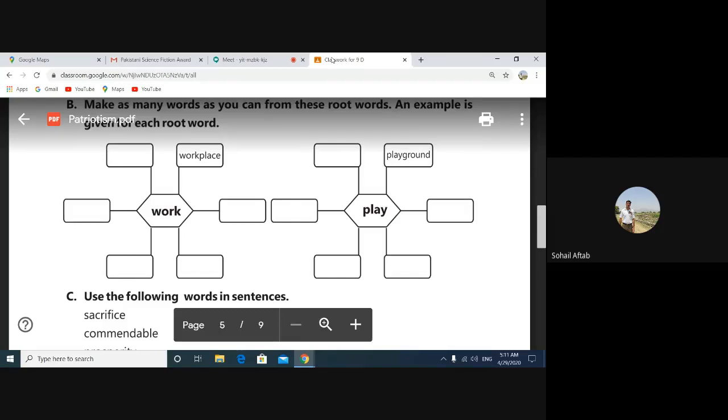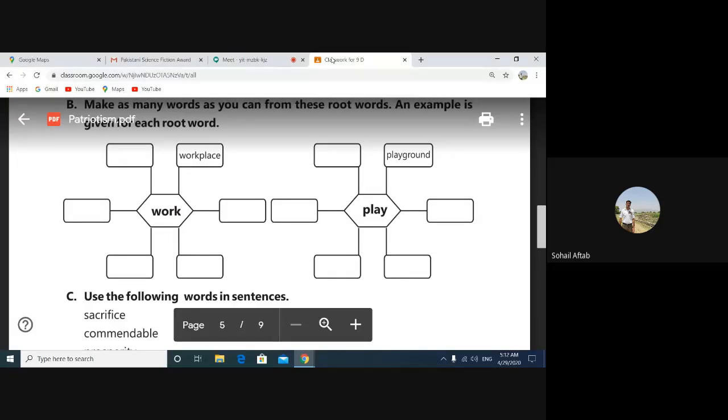You may write PlayStation, then you may write playing, even a playboy or a playgirl, though this is not a very good example, but at least in English it is one of the examples.